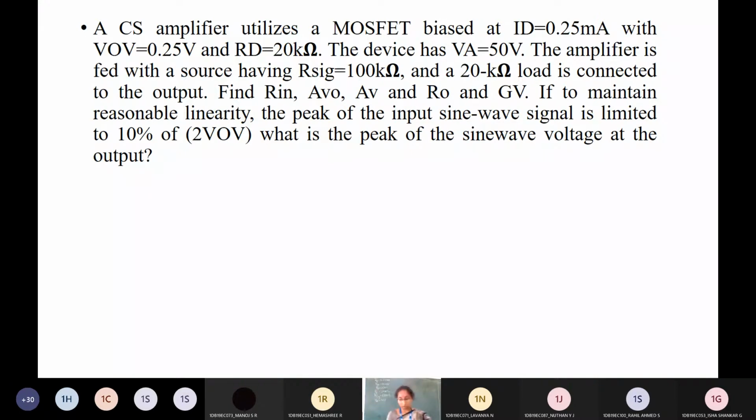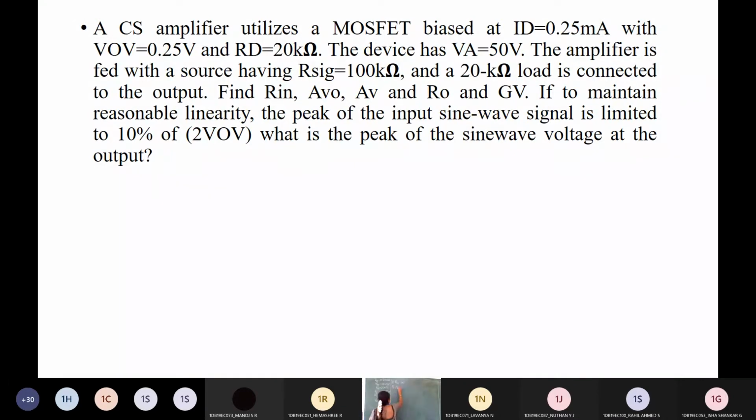So what is Rin? What am I supposed to write for Rin directly? Infinity. Let me start. The first parameter Rin, directly I'll write infinity because no current flows inside the circuit.